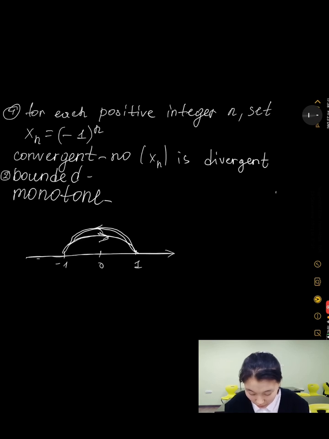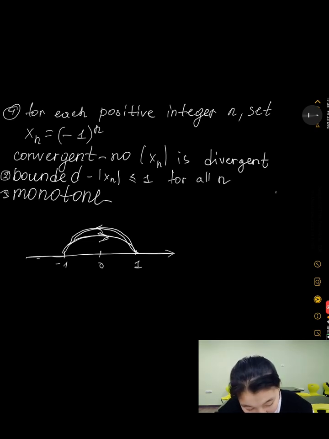Even though it doesn't head off to either infinity, it's still divergent. Second, is the sequence bounded? Yes, it's bounded because the modulus of xn is always less than or equal to 1 for all n.